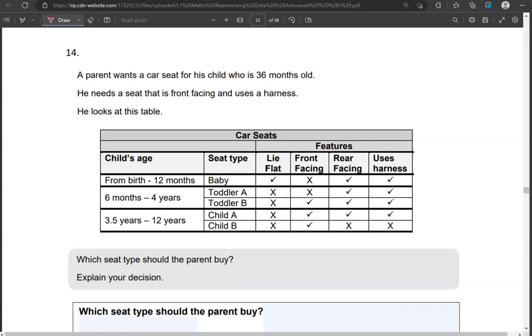A parent wants a car seat for his child who is 36 months old. He needs a seat that is front-facing and uses a harness. He looks at this table. Which seat type should the parent buy? Explain your decision. So the child is 36 months old, which is 3 years.